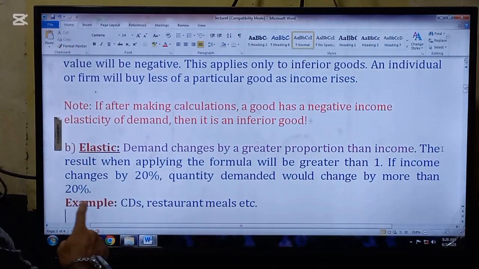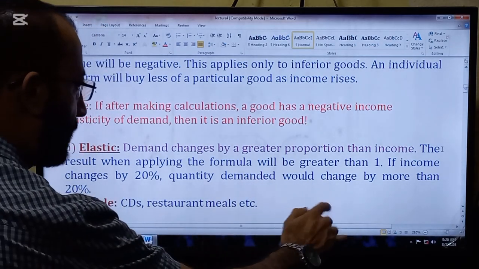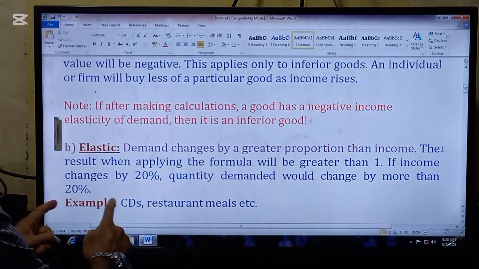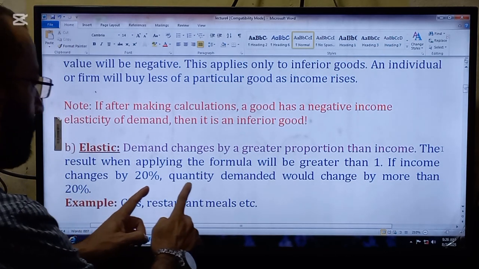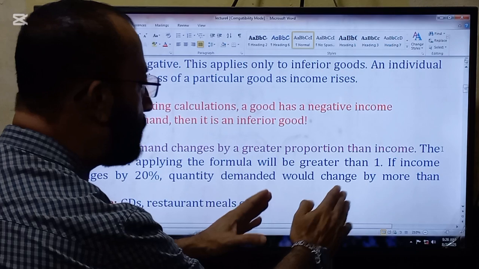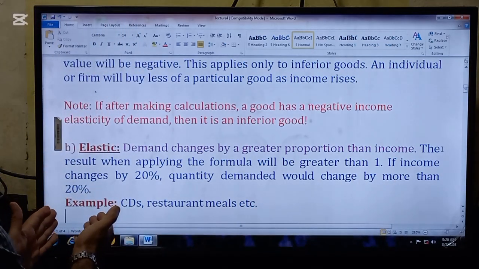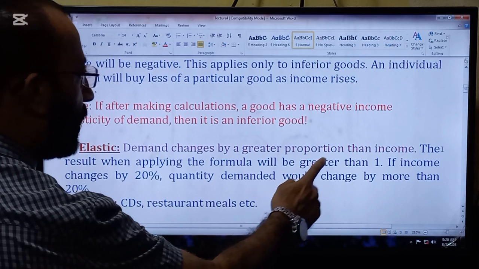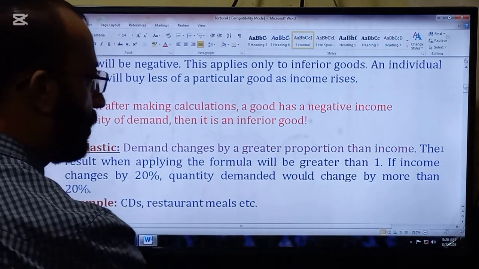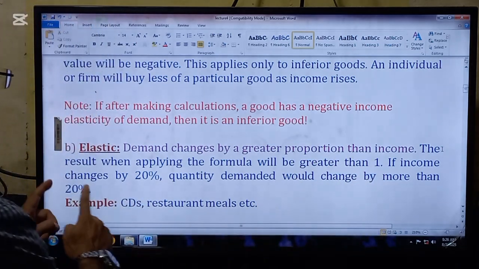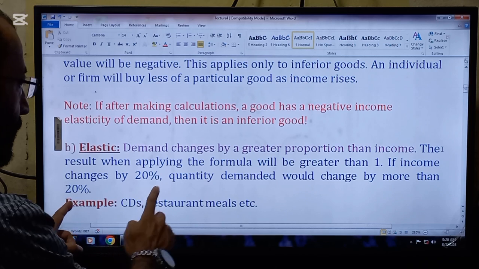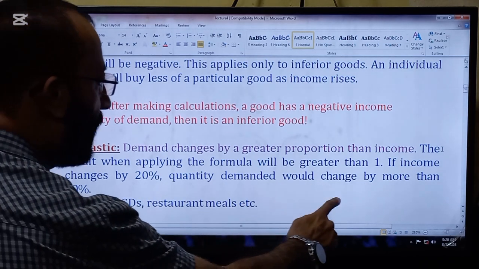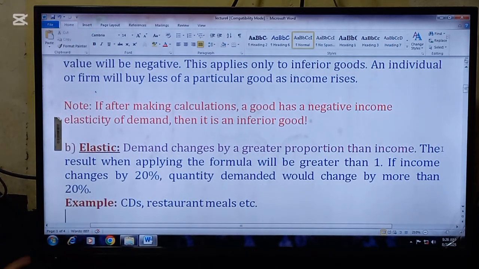If income changes by 20%, quantity demanded would change by more than 20%. So it means demand changes by a greater proportion than income.